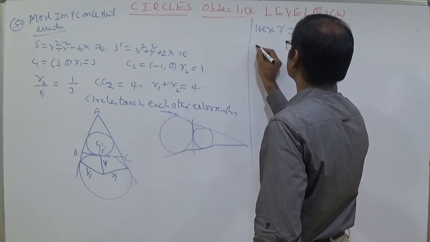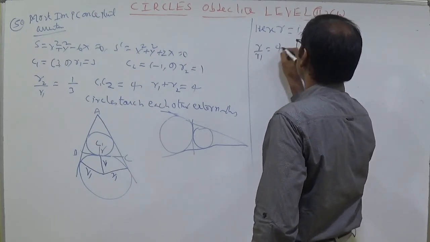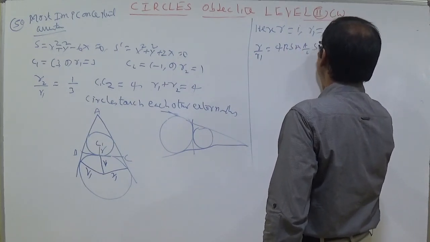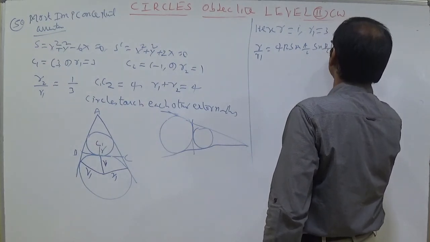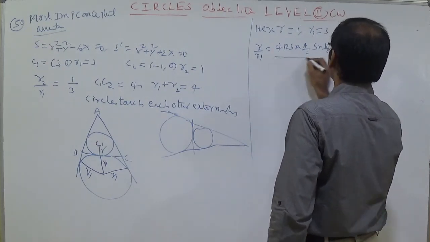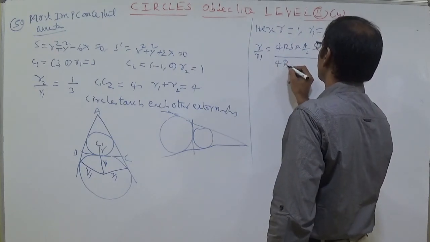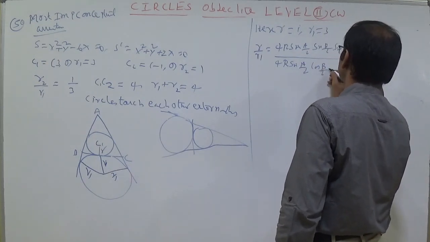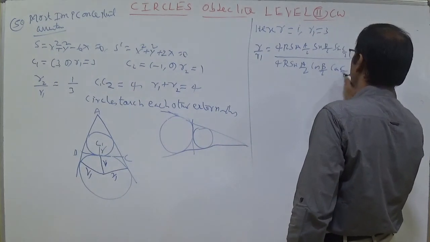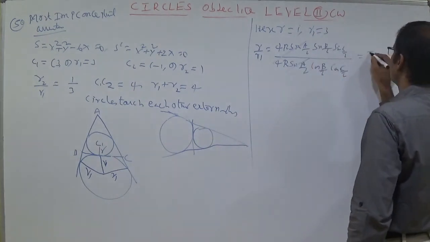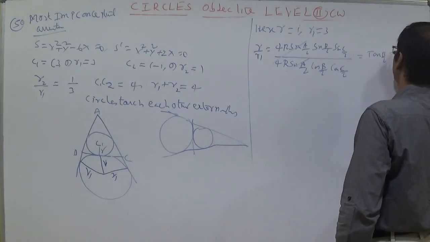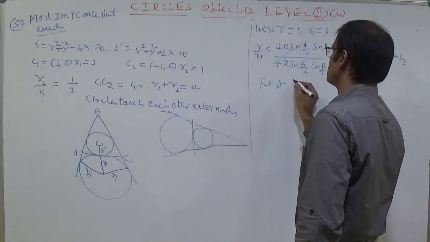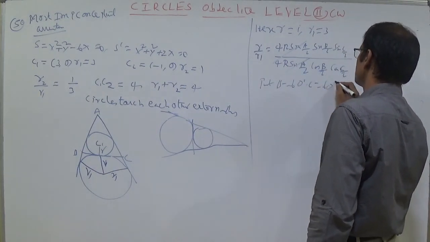Now small r by R1 I am writing using the properties of triangle formula: 4R sin A by 2 sin B by 2 sin C by 2 is r, and R1 is 4R sin A by 2 cos B by 2 cos C by 2. 4R sin A by 2 gets cancelled. Sin B by 2 by cos B by 2 you write as tan B by 2, and this is tan C by 2. Put here B is equal to 60 degrees, C is equal to 60 degrees.